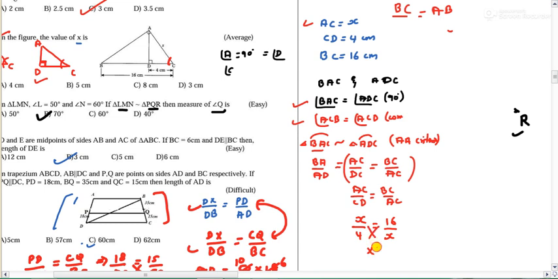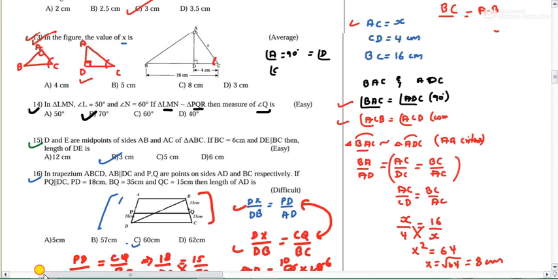So it is X square equals 16 into 4, which is 64. So X is root of 64. What is root of 64? Yes, 8. So have you understood how we got the answer?